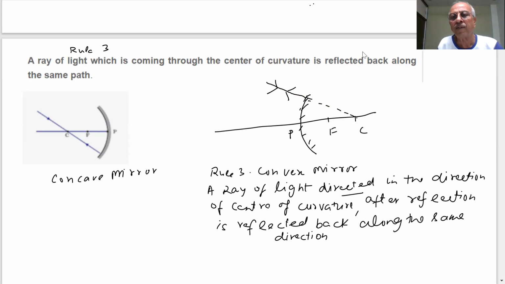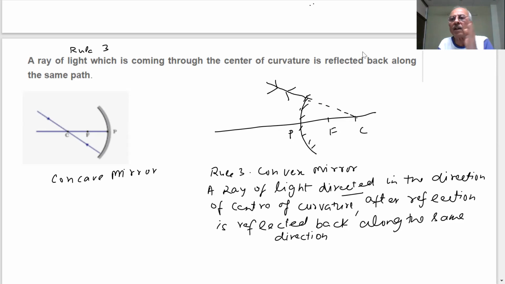Can you see that? If you draw with a scale, you will be able to draw a better diagram than what I have shown. As we practice, you will be able to draw, because ray diagrams are very essential. Only if we can draw the ray diagrams, we will be able to find what type of image will be formed when I change the position of the object with respect to concave mirror or convex mirror.